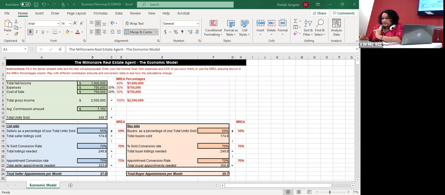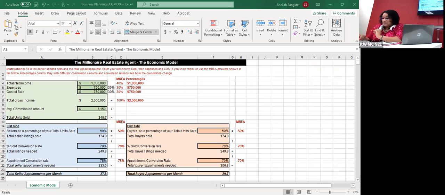If you do not know your split between the sell side and the buy side, use an estimate or use the MREA example of 50-50. In general, our office is about a 60-40 buyer to listing conversion on the buyer side and listing side. I've only seen it rise in a really good buyer's market, I guess.